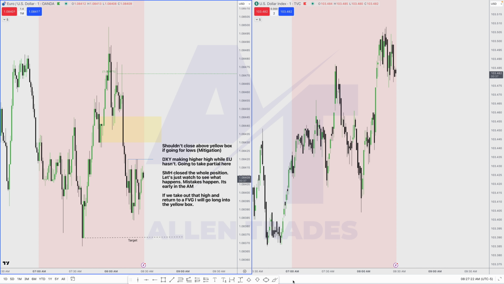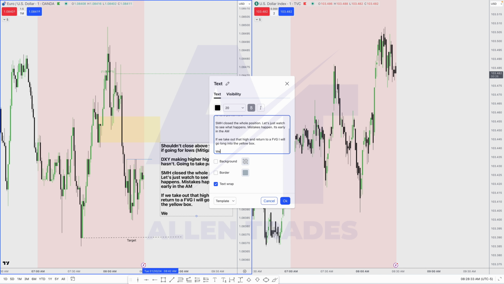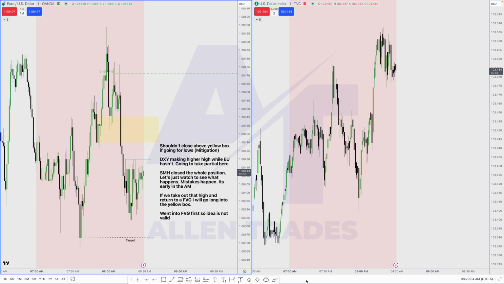So I'm only expecting one stage of distribution before we target that sell side liquidity. But because euro's being a little stubborn right now, because euro did make that higher high while dollar failed to make a lower low, dollar was already showing signs of going to its target faster than euro was going to go to its target.